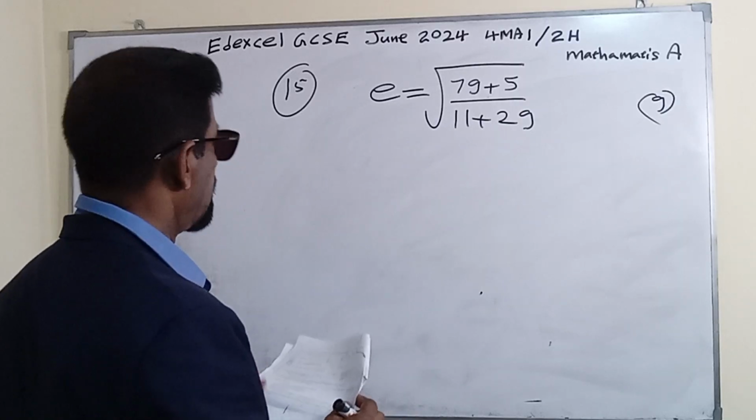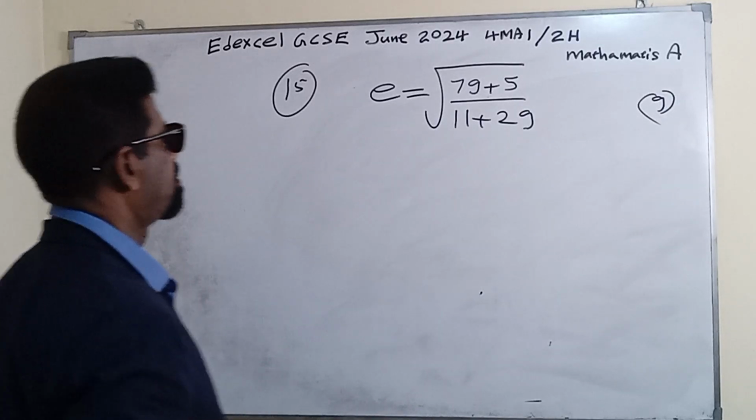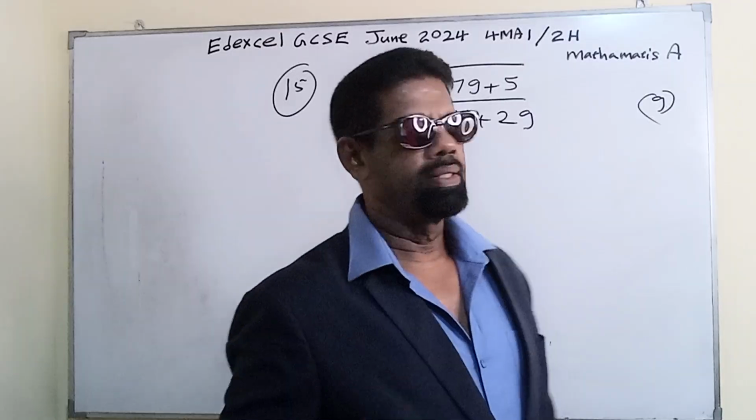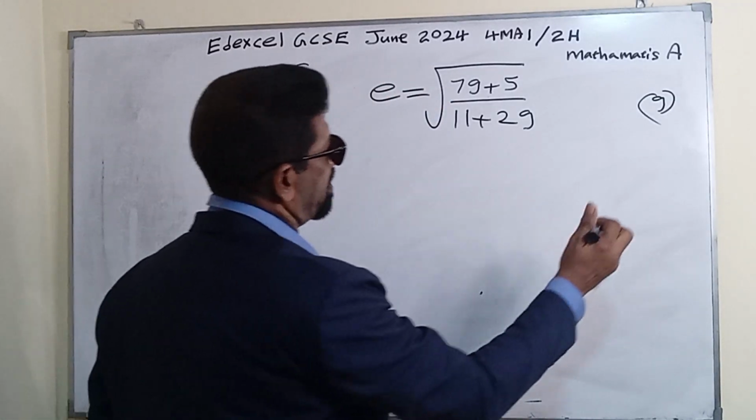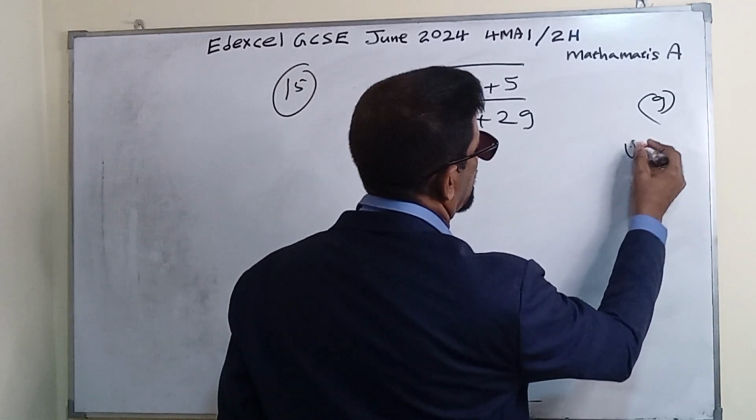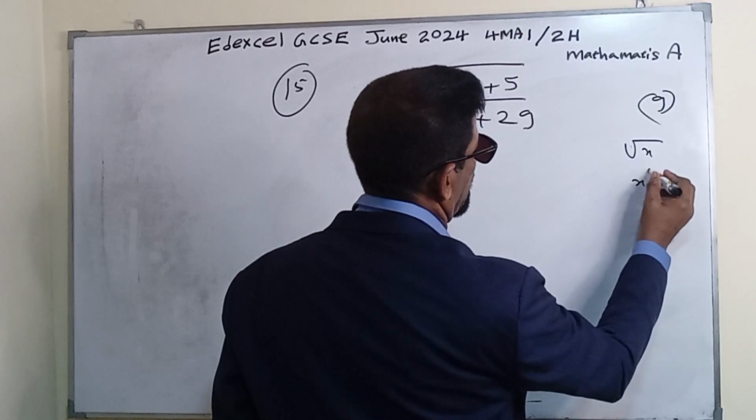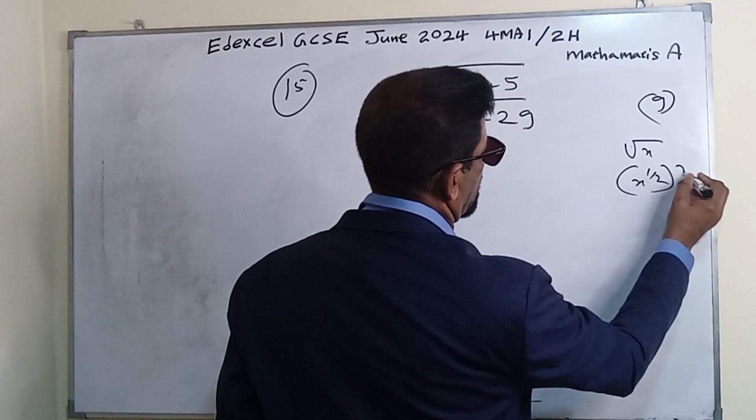Right, make g the subject. How to do it? You are looking at g inside the square root. Square root means that square root of x means x to the power of 1 over 2. So first you plan on removing the square root: take the square of both sides.